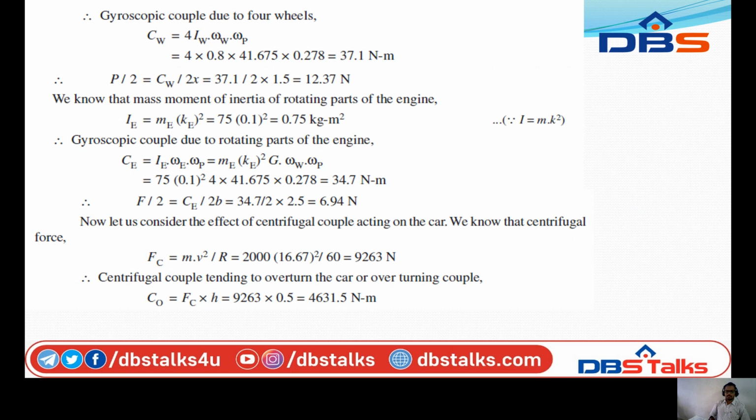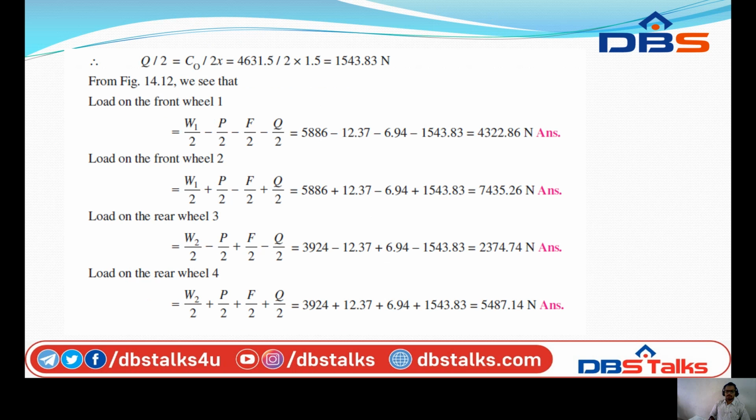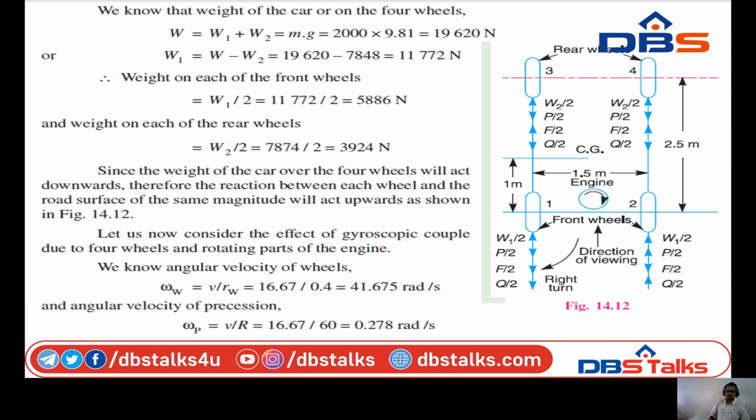So we are calculating the load on the front wheel as W1 by 2 minus P by 2 minus F by 2 minus Q by 2. All the values we can substitute here. We get the load on the front wheel as 4322.86 newtons.